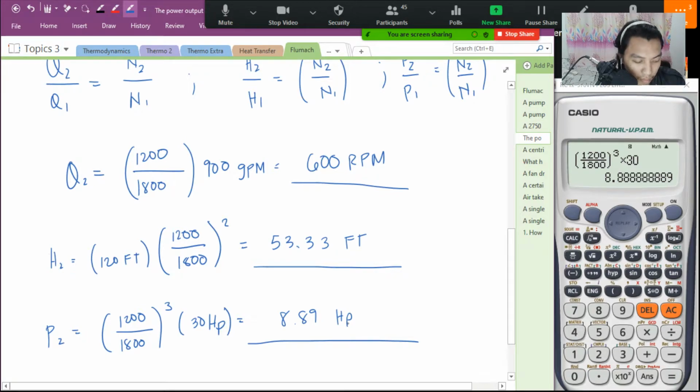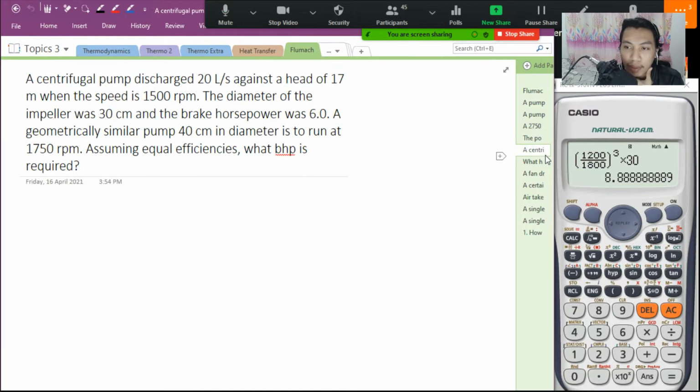How about problem number 5? A centrifugal pump discharged 20 liters per second against a head of 17 meters when the speed is 1,500 RPM.